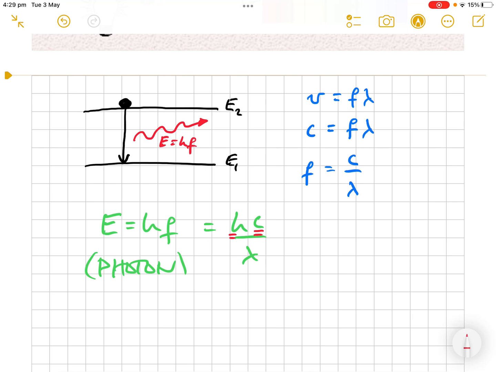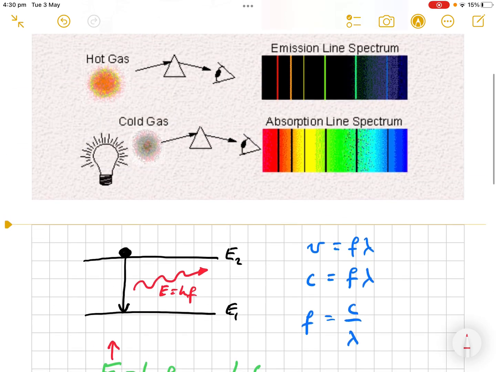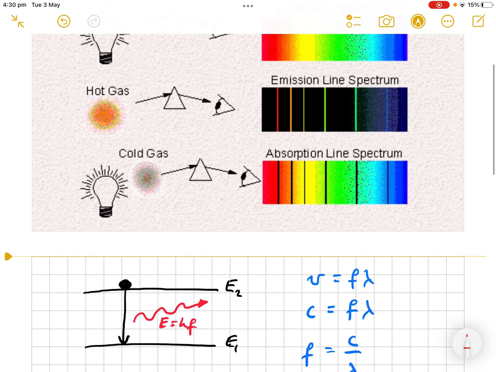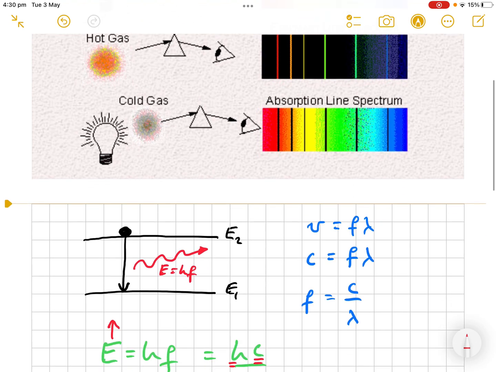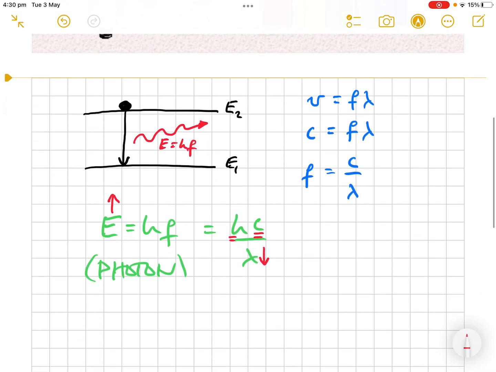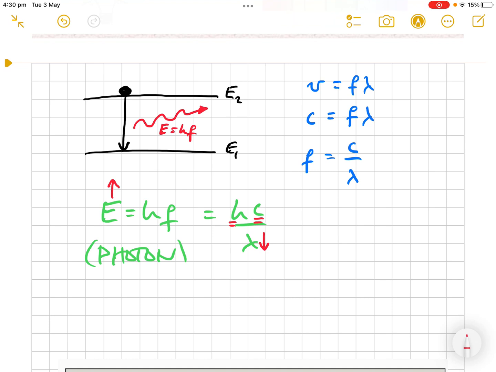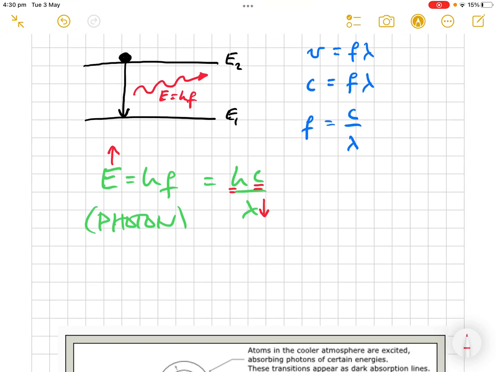So if you've got a big downward transition between E2 and E1, you've got quite a big energy in the photon. And a big energy means a small wavelength. That's nearer the violet end. So the energy of the transition determines the wavelength and therefore the colour of the light. So the reason you get these different coloured emission lines then is because of different downward transitional energies.